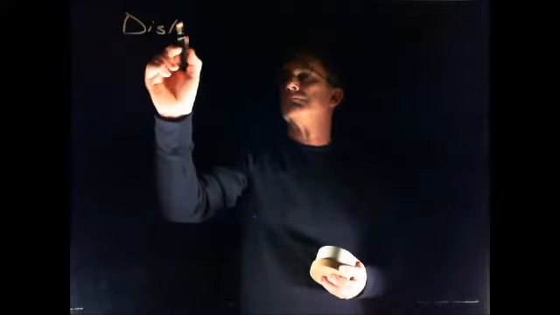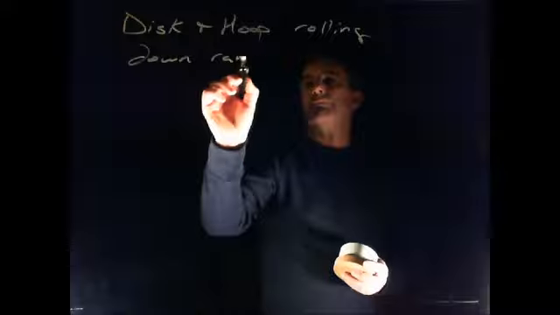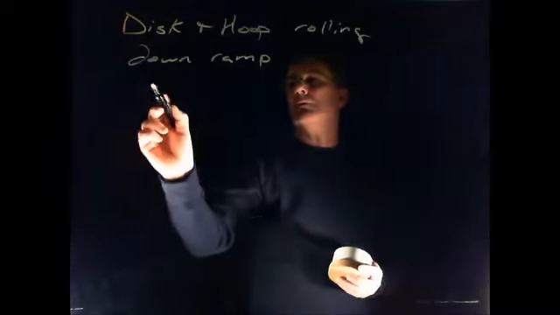And so here's what I meant by they're similar, but yet they are different. Same radius, same mass. Rolling them down the ramp. I've got a disc and hoop, rolling down the ramp. Who wins?